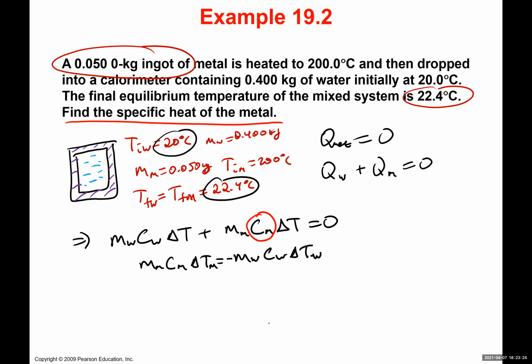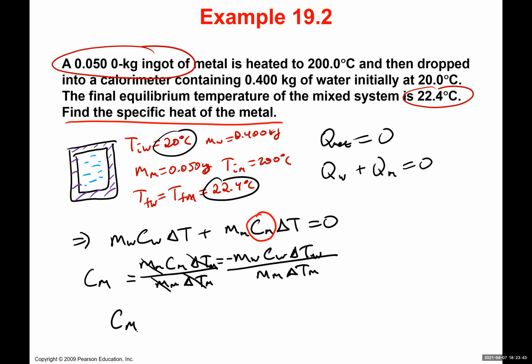And obviously you can just divide both sides by the mass of the metal and the change in temperature of the metal. If I do that, this cancels out, and that allows me to calculate the specific heat of the metal.